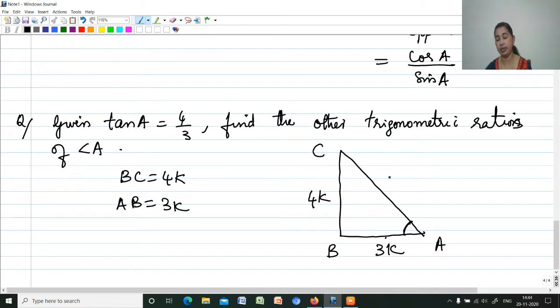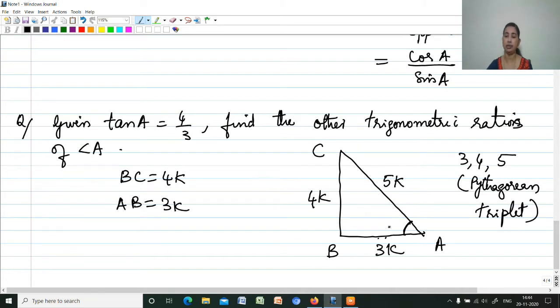In order to find AC, we can use Pythagoras theorem, or since here it is 4 and 3, we know the Pythagorean triplet. Pythagorean triplet is 3, 4 and 5. If two sides are 3 and 4, then the third side, the hypotenuse, will be 5. So this can be written as 5k. This is called Pythagorean triplet.